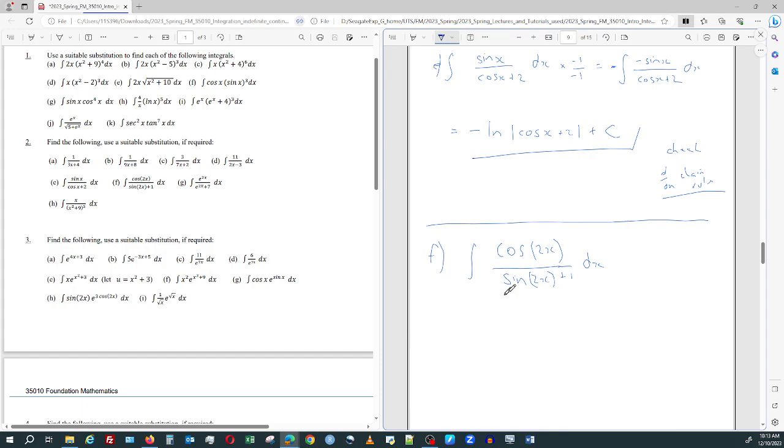Or you can recognise that the differential of sine is in fact cos, so it's very close, but the differential of sine 2x is a chain rule. So if we were to d dx, let's just check this. If we were to d dx the denominator, based on what we know of the chain rule, we would let u equal 2x.